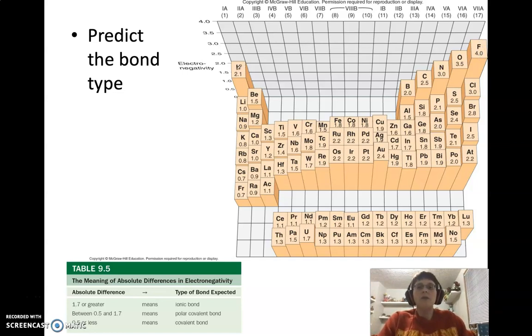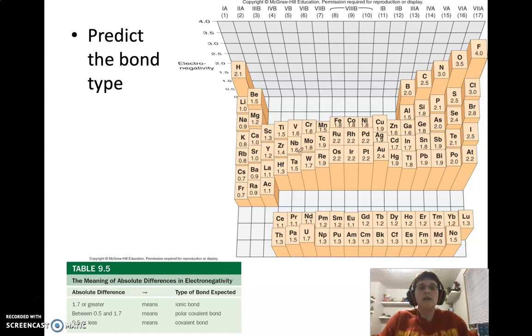So you can see hydrogen is kind of high, but the highest electronegativity is fluorine. So anything that is in a covalent compound with fluorine is going to tend to make a polar compound usually. We'll see how that works when we look at some of these compounds.